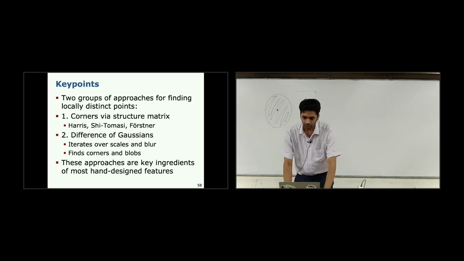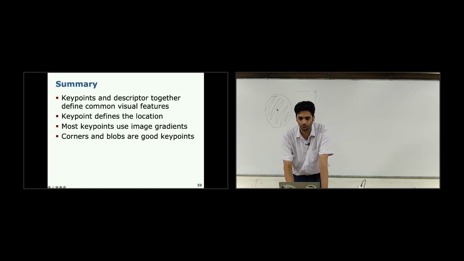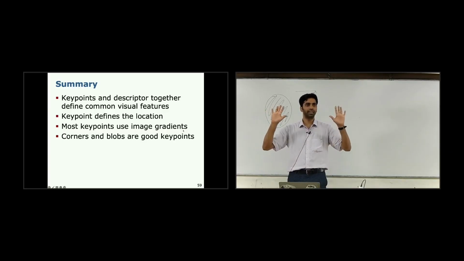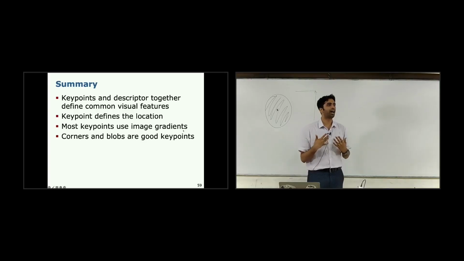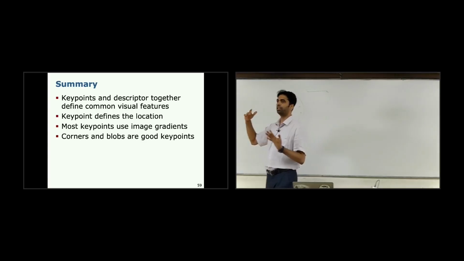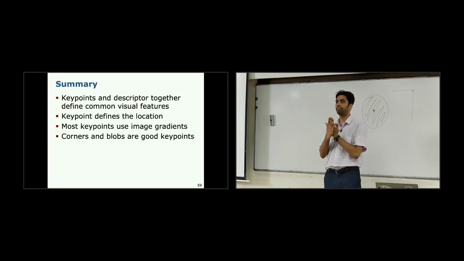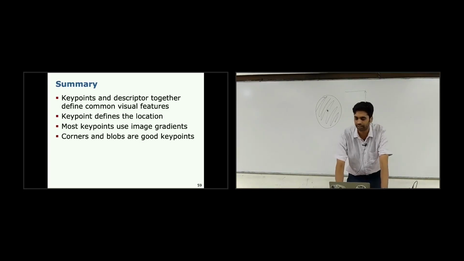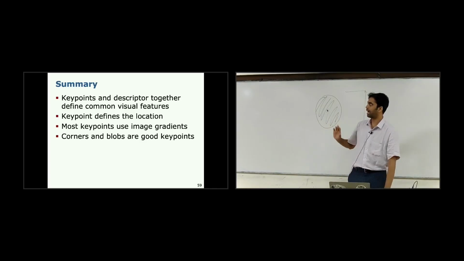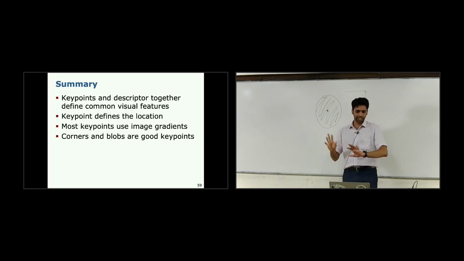Typically corners and blobs are considered good key points because these are stably identifiable. Most of these key points are dependent on image gradients. In both cases, even though we were doing a difference of the blurred images, it was capturing some kind of image gradient inside there, right? And the goal is finally to find those points which are uniquely identifiable, right?